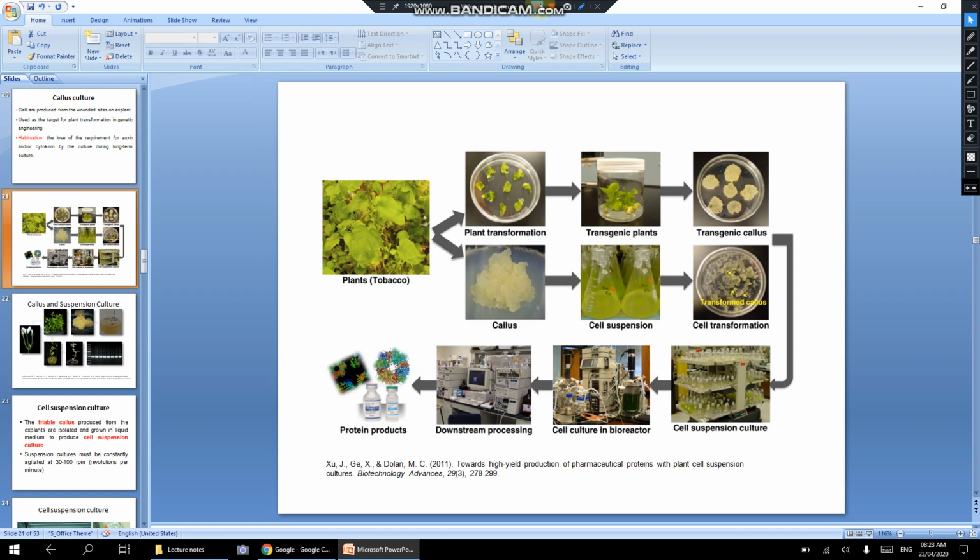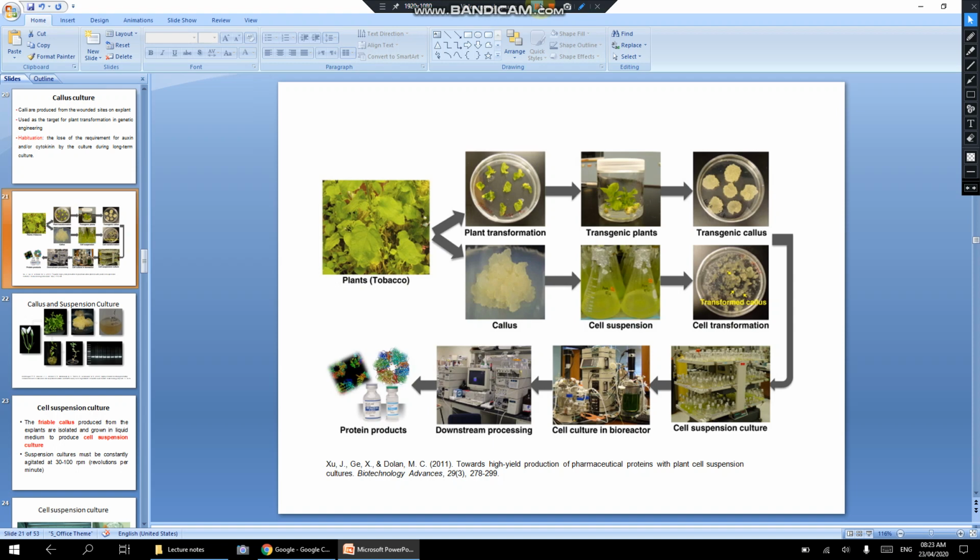And actually, there are so many things that you can do with tissue culture. For example, if you have a plant, initially you do genetic modification, and the next thing you need to do is tissue culture.